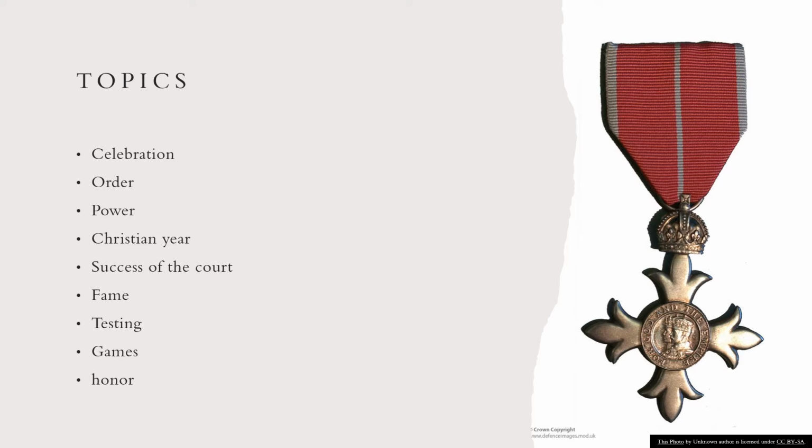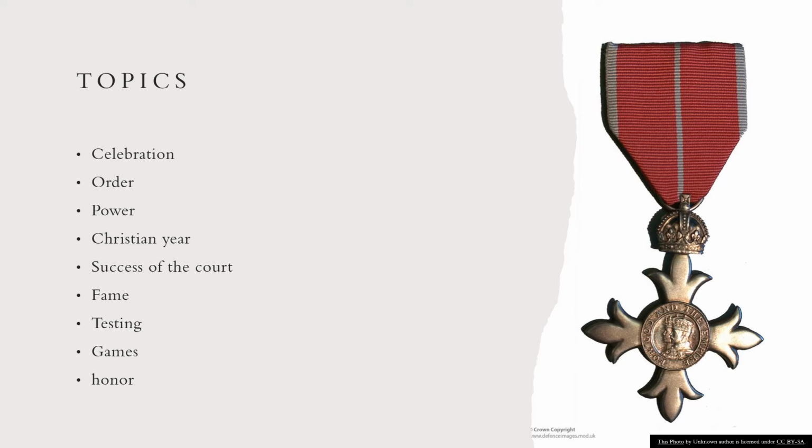So topics are the celebration going on for Christmas, and it's 2 weeks and a day, a fortnight and a day. Order itself, just that things take place in an orderly way. You'll find that the Christian year is very important. I skipped power.